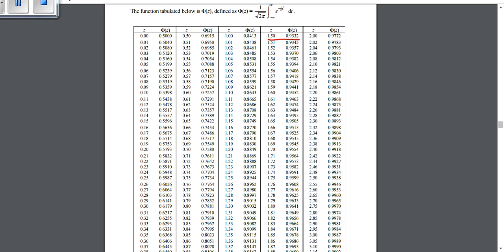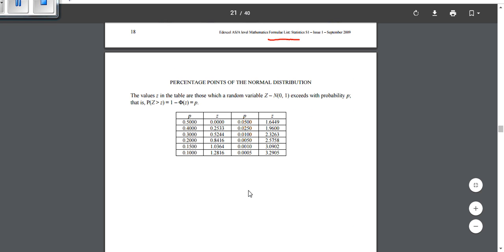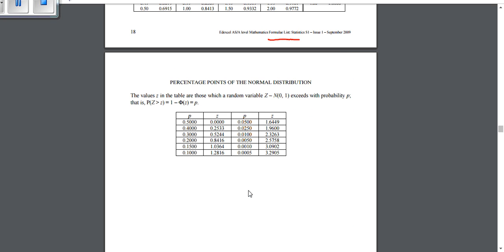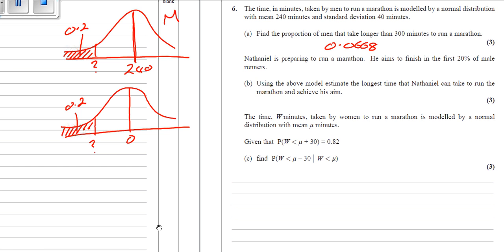If we go back to our tables, on the next page of our table we get what's called the percentage points. Now we can see that 20% is 0.8416. If we go back to our diagram, 0.8416 would be this 20% here.